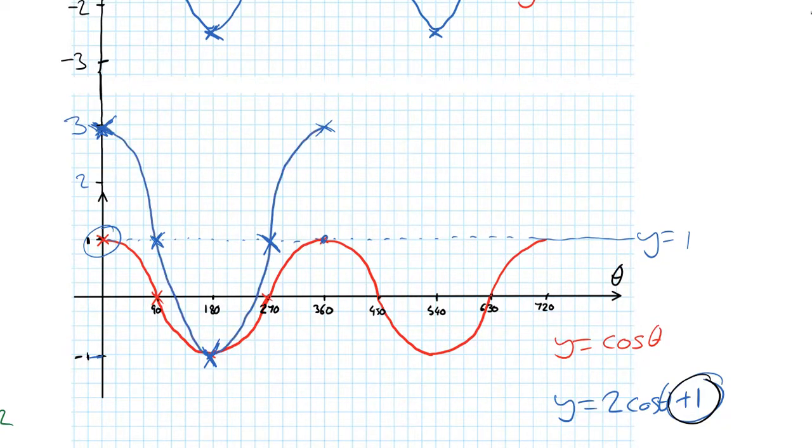This blue graph is y equals 2 cos theta plus 1. Should we finish it off? Let's have the 450 point, the 540 point, the 630 point, and the 720 point. So between a boundary of 0 and 720, y equals 2 cos theta plus 1 is the blue graph in front of you now.